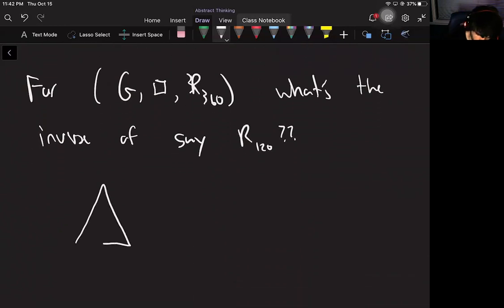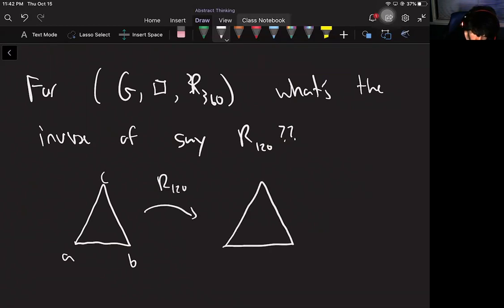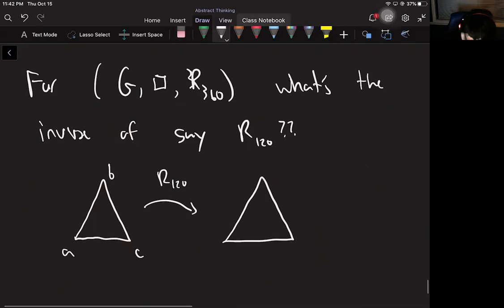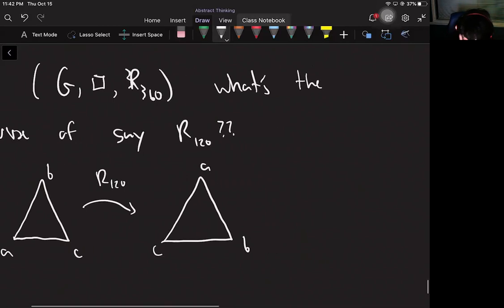In other words, if I start by doing R120, so I rotate by 120, how do I undo that to get me back to R360 total?